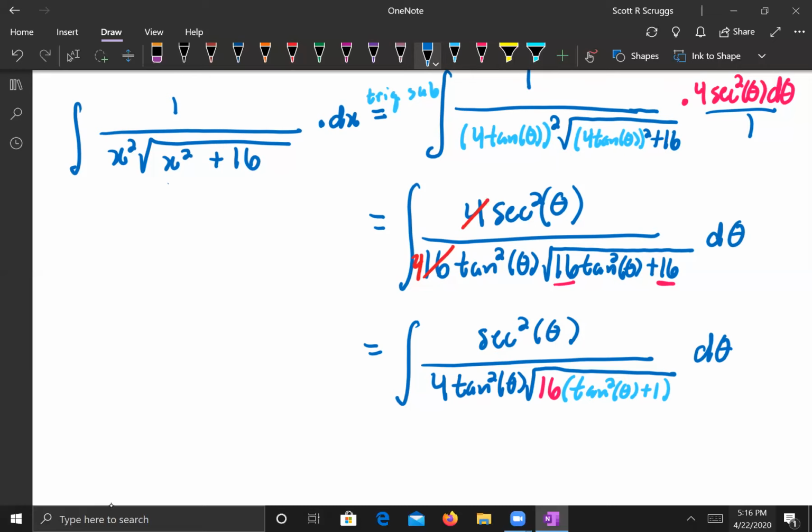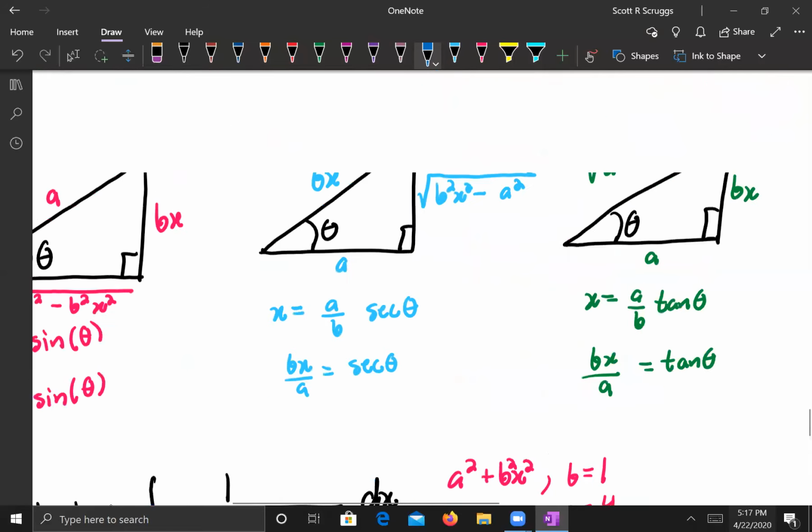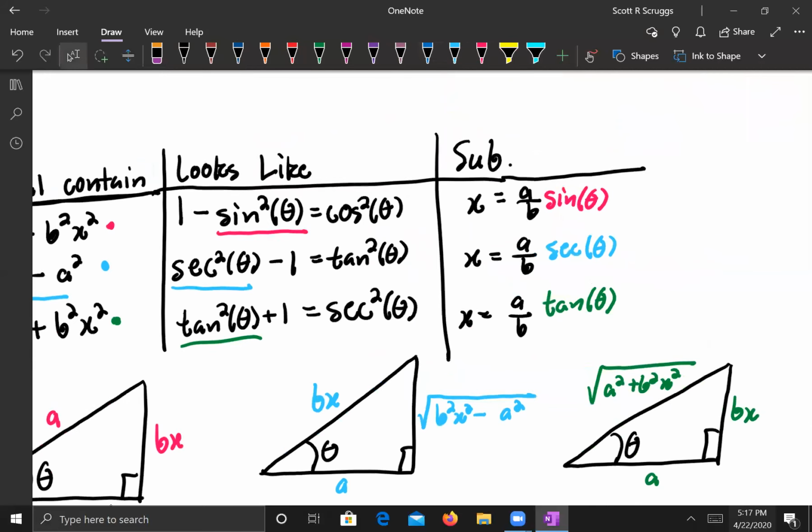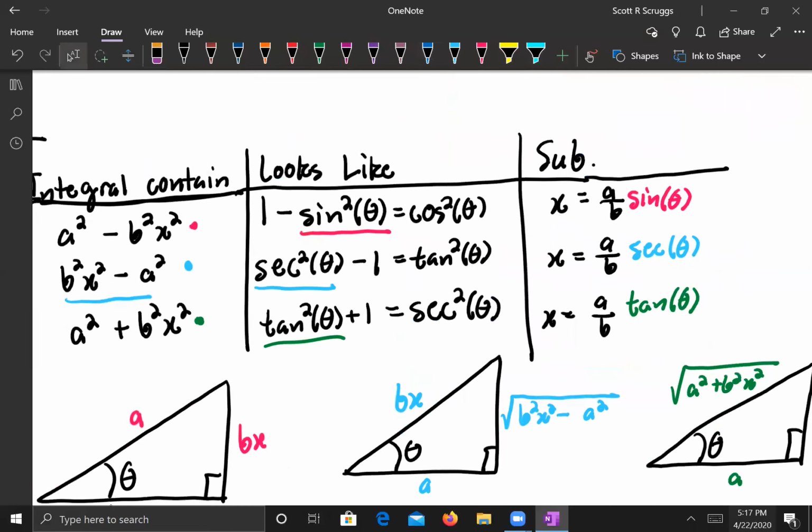Now the reason why I put the tangent squared plus 1 in the light blue is now I get to use back in my table up above, what trig identity does it look like? If I had an integral that contains a squared plus b squared times x squared, it looks like the identity tangent squared plus 1 equals secant squared of theta.